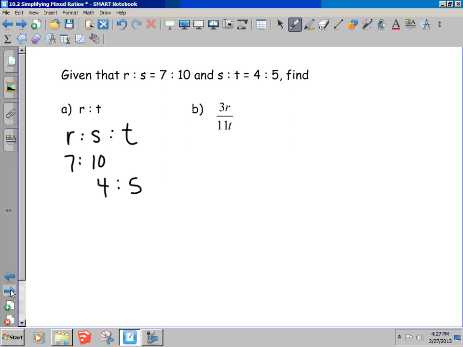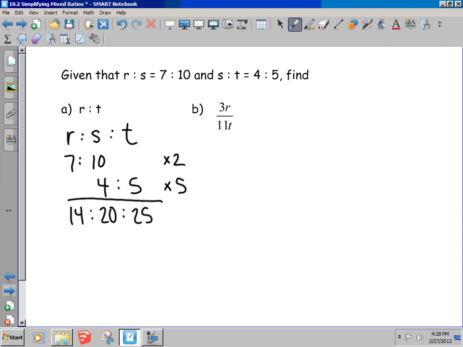So I'm going to take this first ratio and multiply both parts by 2, and the second ratio multiply both parts by 5. When I do that, I get that R has 14 parts or units, S has 20 units, and then I multiply T by 5, and I get 25 units for that.